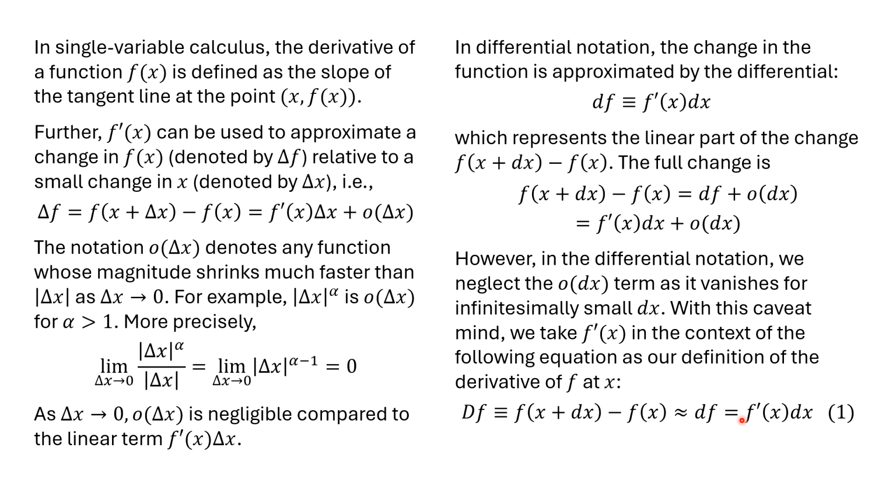But whatever this equals, if you can break it down into dx times some function, then that function is the derivative of f of x. And I put the approximation sign here because we've taken off this term, but I'm not going to continue using this approximation. This is just to be technically correct initially, but I'm going to remove this.